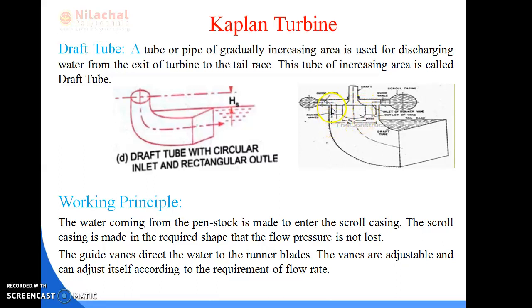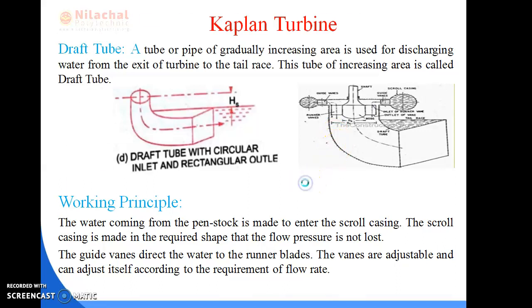From the front view, this is the outer diameter and this is the boss diameter. Now what will be the area of flow? That is pi by 4 (D0 square minus Db square) into the velocity of flow at inlet.